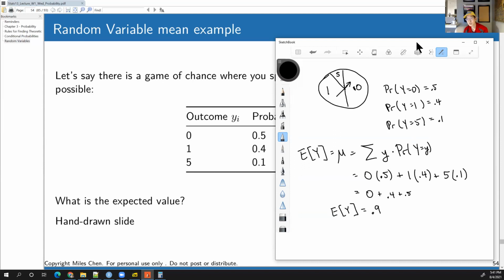Sometimes you'll win $5, sometimes you win $1, sometimes you win 0, and the average amount you get is going to be 90 cents. Of course, in any one game you play, you're not going to get 90 cents. You're either going to get 0, 1, or 5, but the average after many plays is going to be 90 cents. That is the mean.